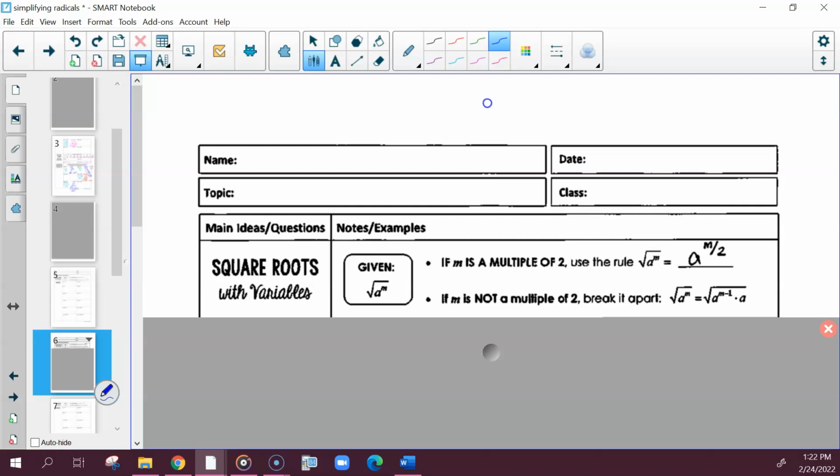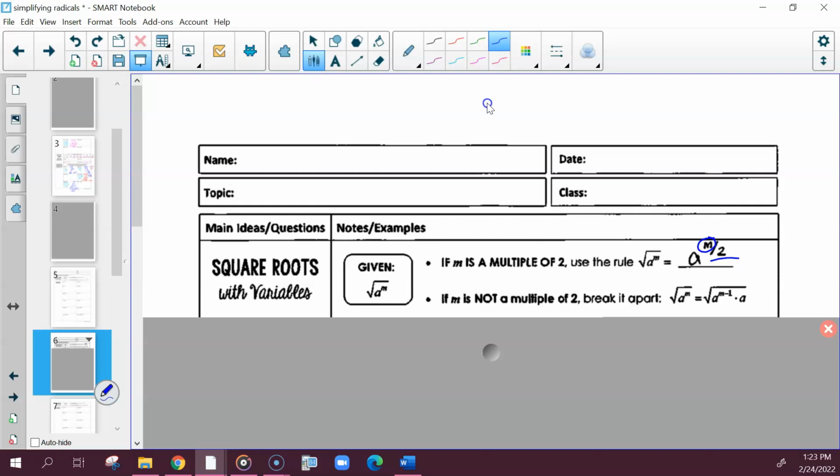We can divide whatever this m is by 2. So if it's 4, divided by 2. If it's 6, divided by 2. Whatever that is, it's going to have a group of 2. So we're going to be fine with that.